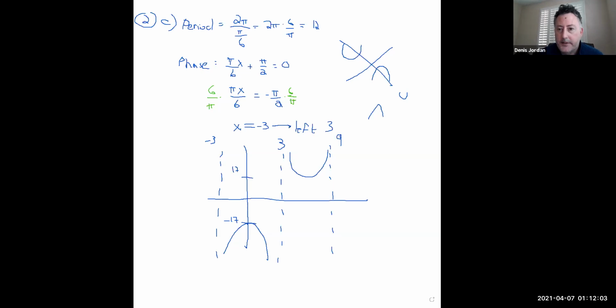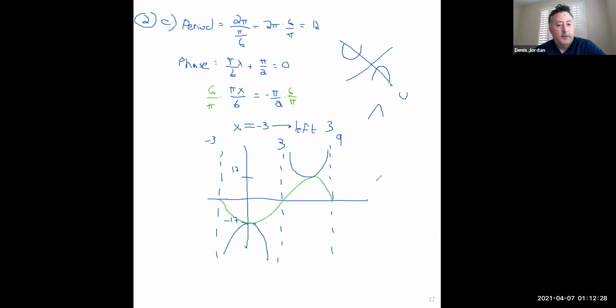So if you graphed a sine curve, it would go like that, more or less. So they would graph the green one first, and then they would get the parabolas and the asymptotes based off of that. And if you want to do it that way, that's totally fine too.